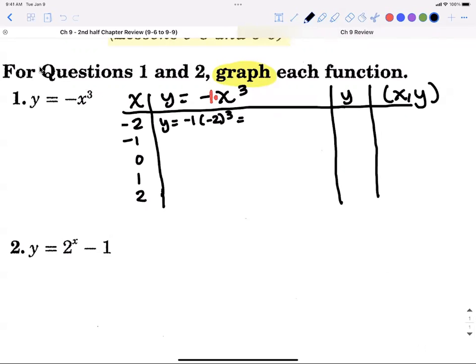You do the exponent before you multiply by that -1, so the -1 stays. Then we take -2 to the third power, which is -8 because it's -2 times -2 times -2. Then we distribute that negative, and -1 times -8 is +8. So the point is (-2, 8).